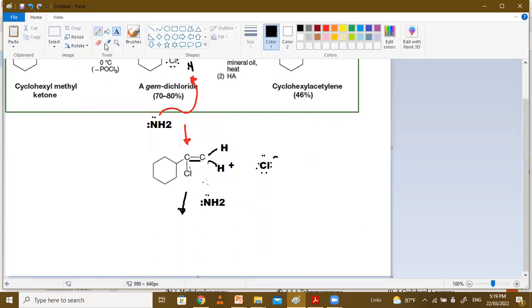Okay, so you can abstract this. Okay, once the proton is abstracted, then we'll use this to form a bond. I should use a different color. Okay, so abstract the proton.